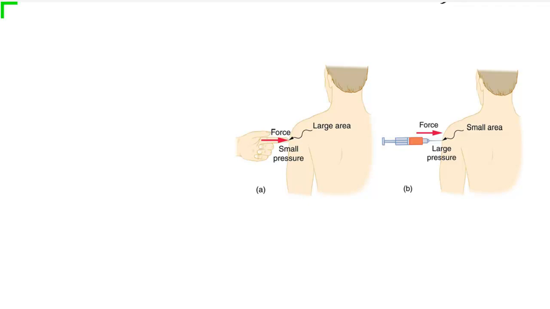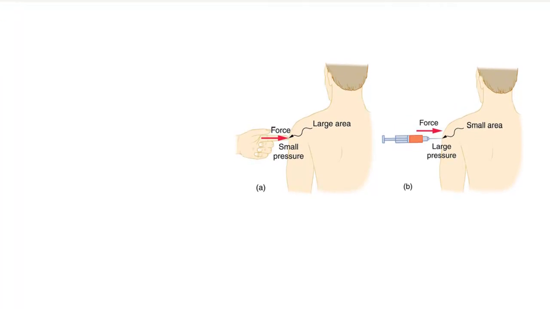So we'll redefine force normalized per area, and we'll call this pressure. Pressure, which we typically use a lowercase p for, is defined to be force per unit area.